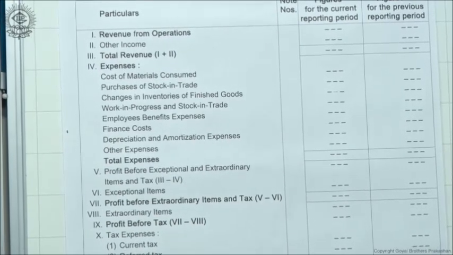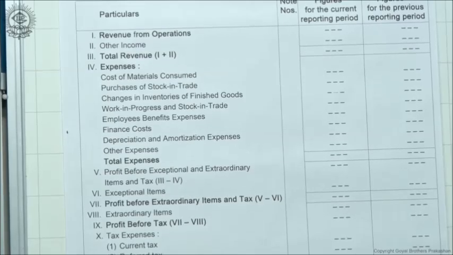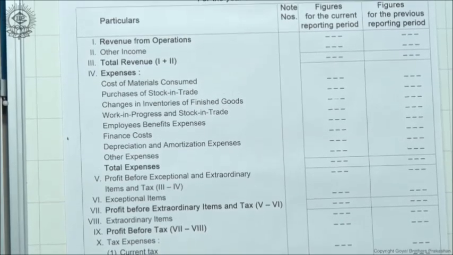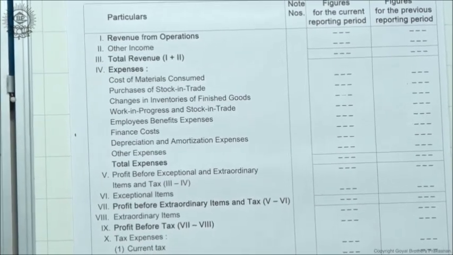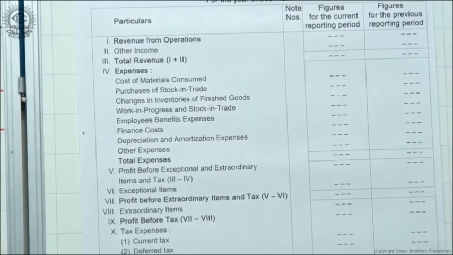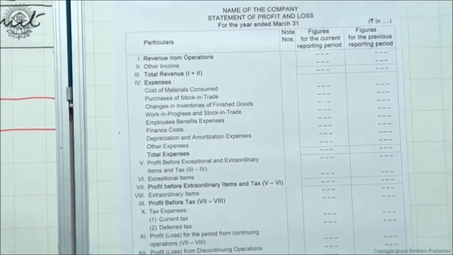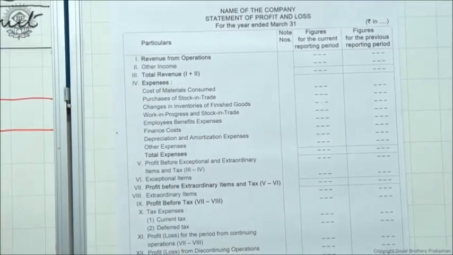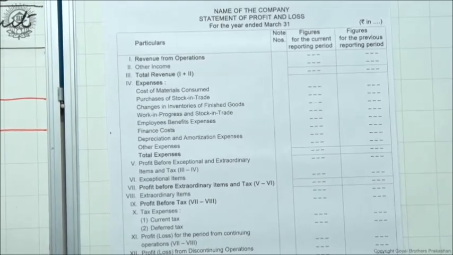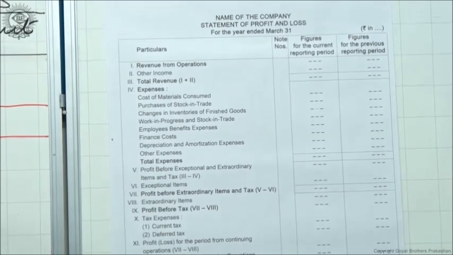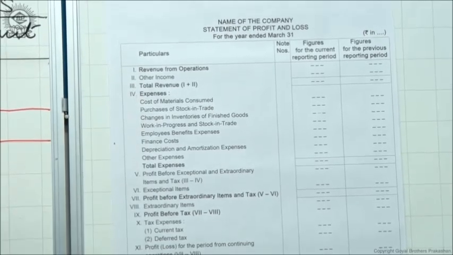Some machine got old and obsolete and it has been sold. Once it is sold, there is an income from it. That income will be written here in other incomes. For non-finance companies, income from interest, etc., will also come in other incomes.